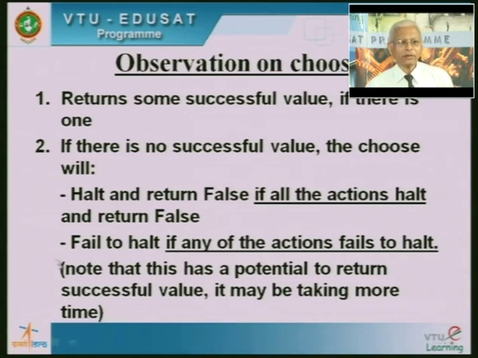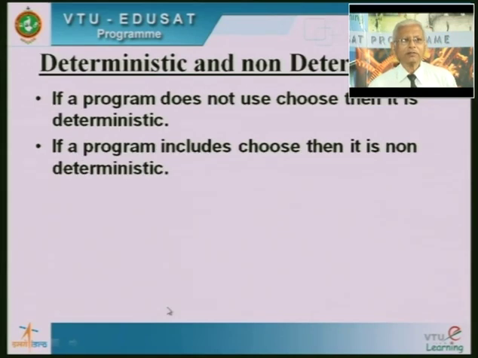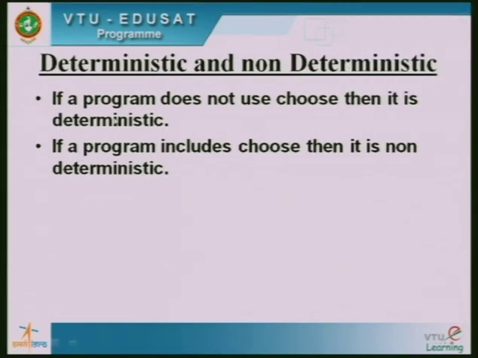So, note that this has a potential to return a successful value, it may be taking more time. If you are using a concept like choose, then it is likely to be a non-deterministic one, and the definition comes like this. If a program does not use choose, then it is deterministic.